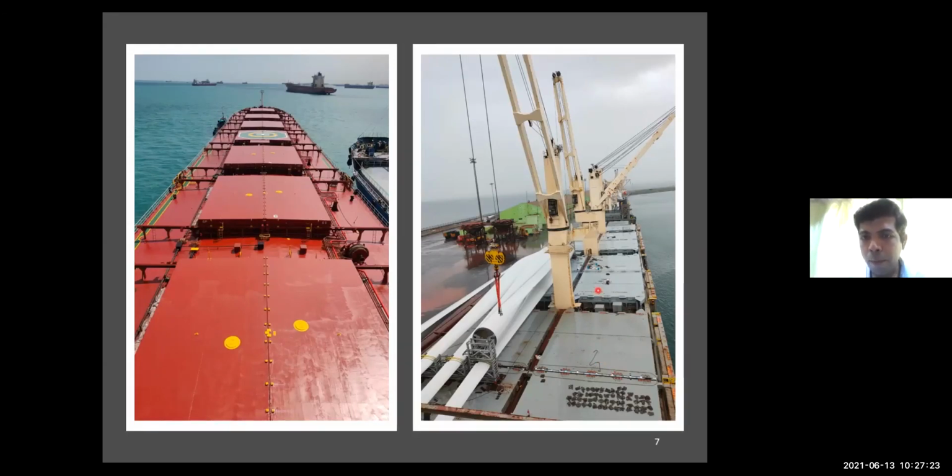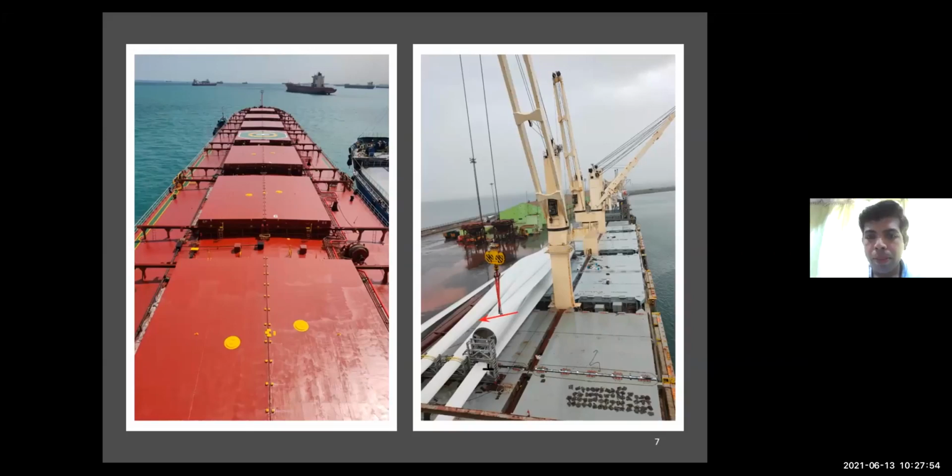The compartment has various cargo, and the ship owner is utilizing his ship to carry it. You can see here there are windmill blades on the top. Can you see, gentlemen? These are windmill blades which are loaded using this ship's crane.